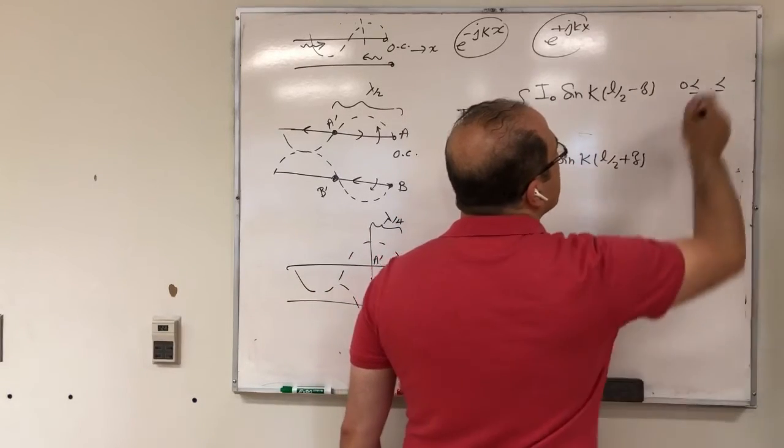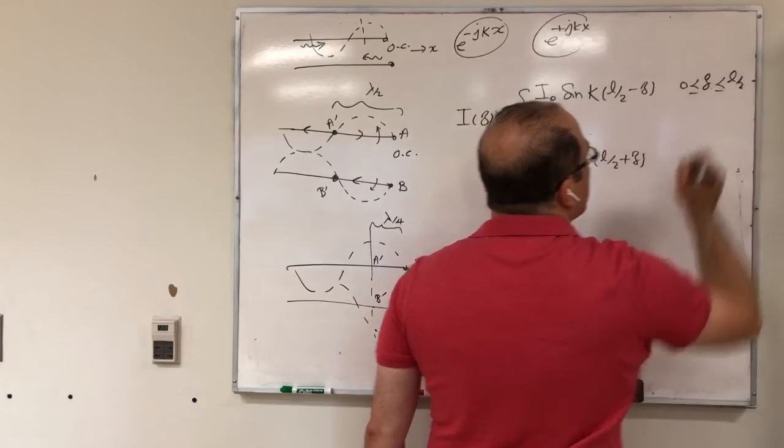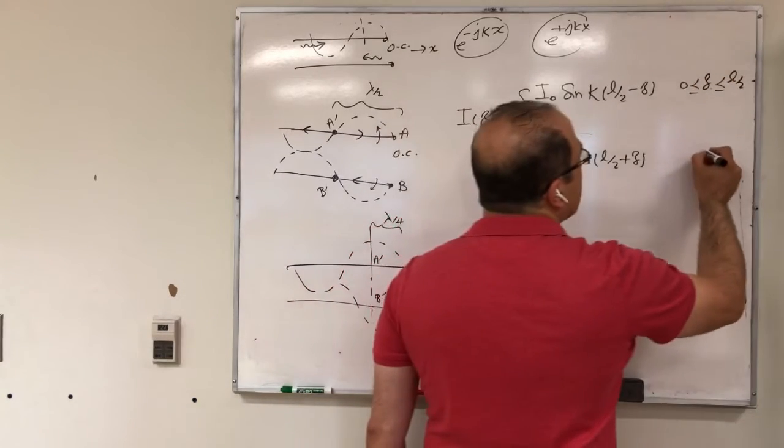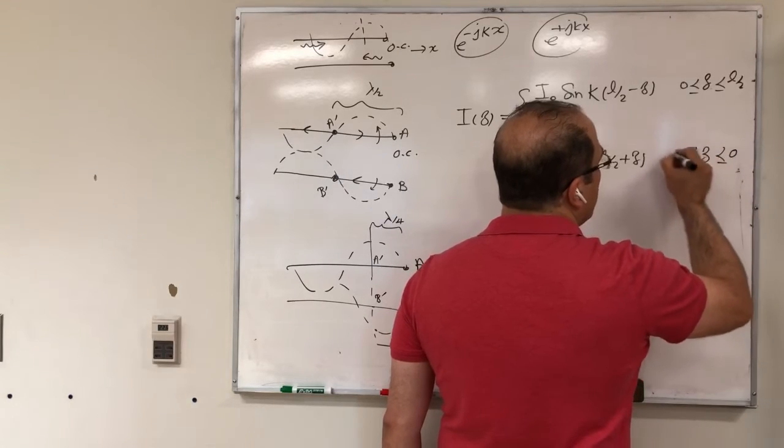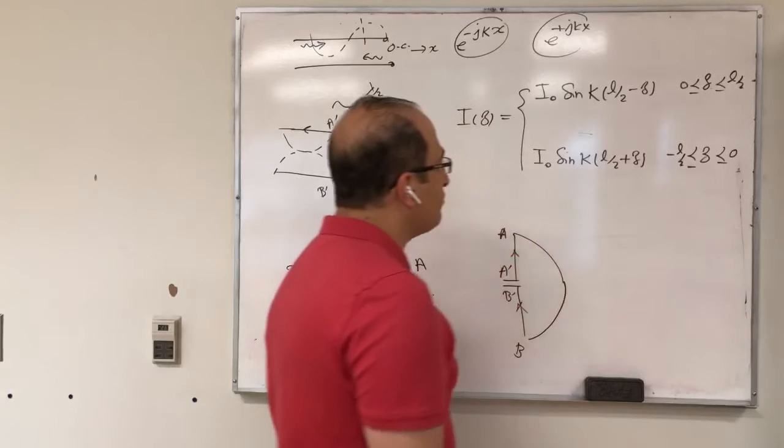Sorry, this is Z, so Z is from 0 to L divided by 2 for the top arm. In this case, for the bottom arm, Z is from 0 to minus L divided by 2.